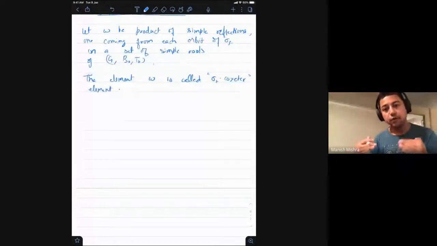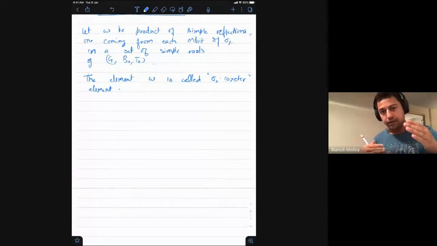For example, if T_0 is split, so there is no Galois action, then the Coxeter element is just the product of all simple reflections.